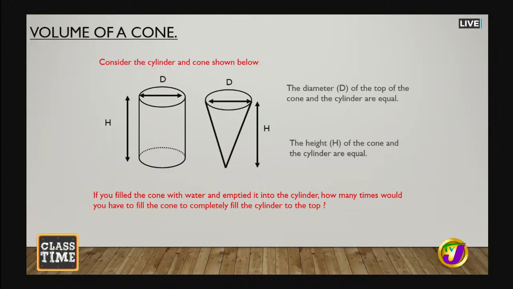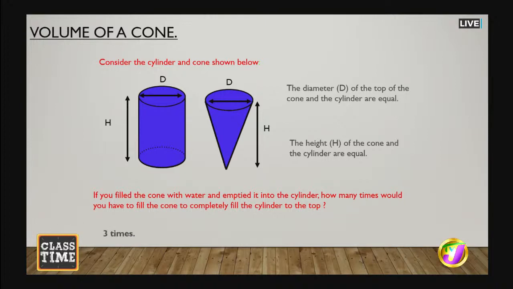Okay. So seeing that it took 3 cones to fill the cylinder, how significant is that 3 in coming up with the formula for the volume of the cone? Since the cylinder is 3 times the cone, I'm thinking it would be the reciprocal.